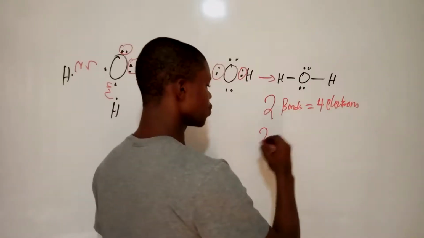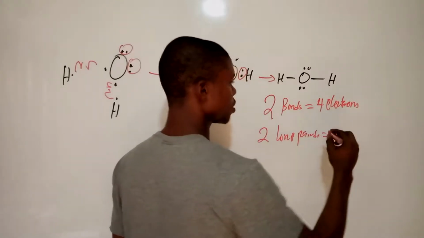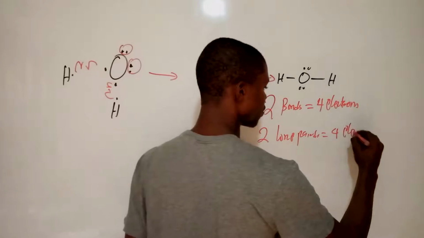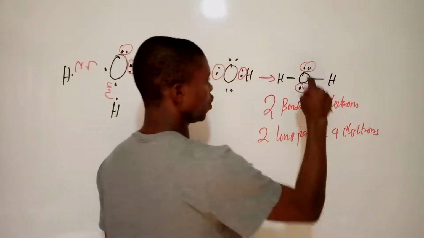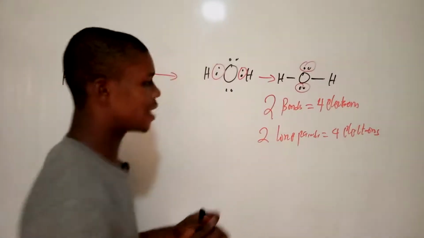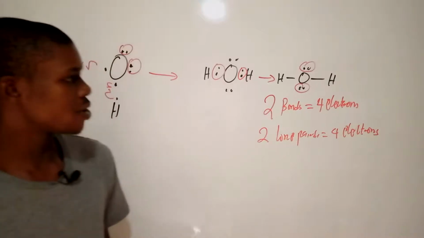And here we have 2 lone pairs, which is 4 electrons. Remember, a lone pair contains 2 non-bonded electrons. So when you sum them together, you're going to have 8 valence electrons.